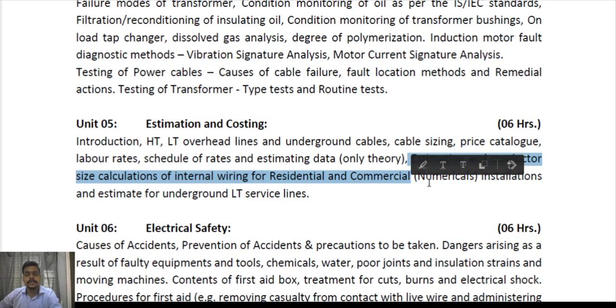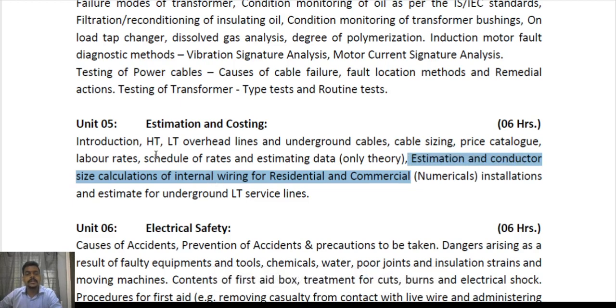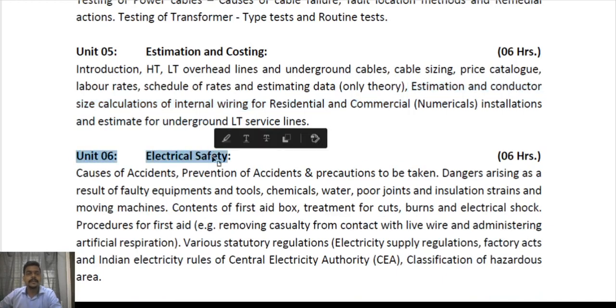We will discuss the numericals also, and estimate for underground LT service line. So ST is nothing but high tension, that is high voltage, and LT stands for low tension, that is low voltage.